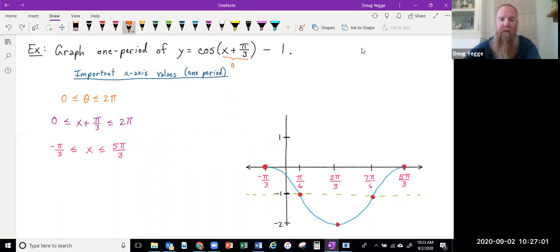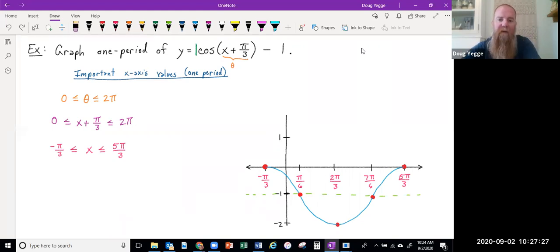And once we did so, we ended up saying that this had an amplitude of 1, and it shifted down 1. So instead of it starting up at 1 and ending up at 1, I know that it's now going to start 1 unit below that. And so this is the same transformed cosine function that we graphed in the last section.